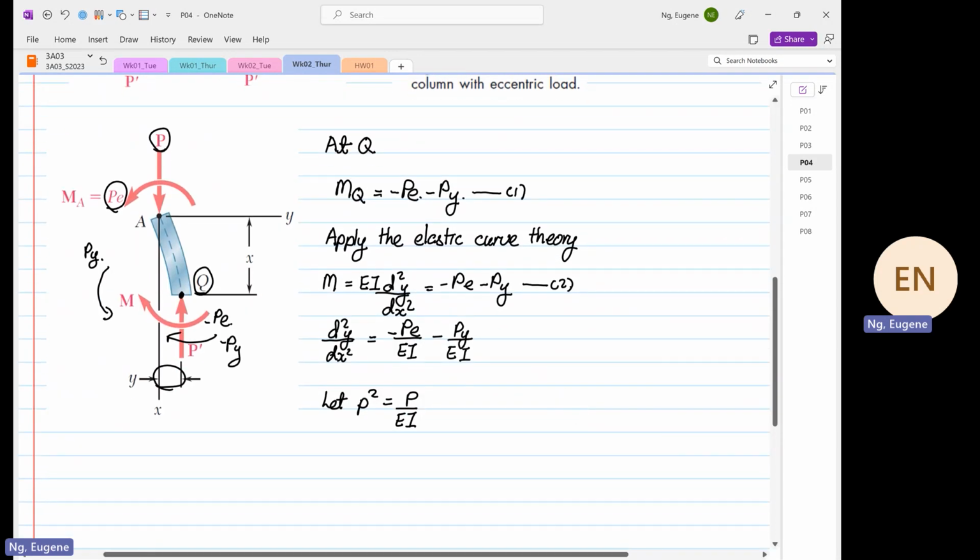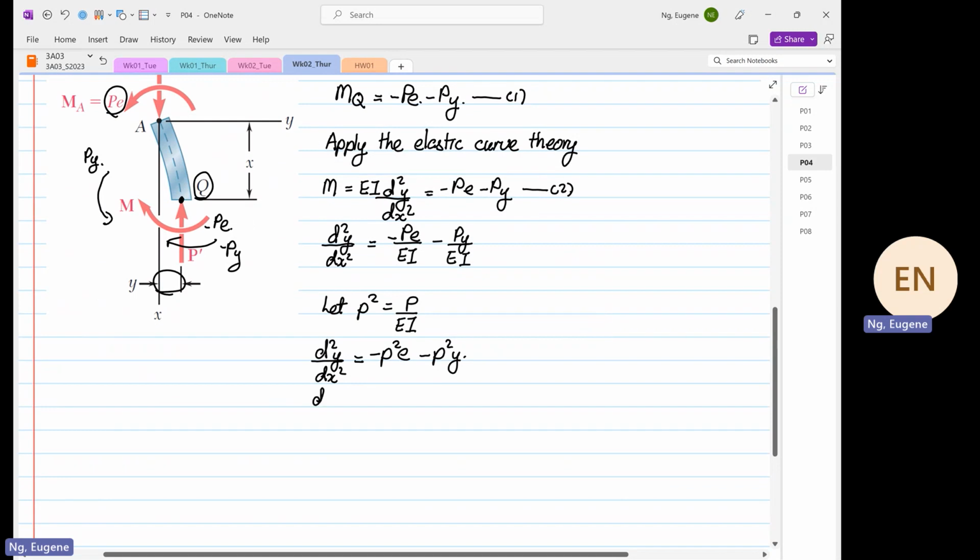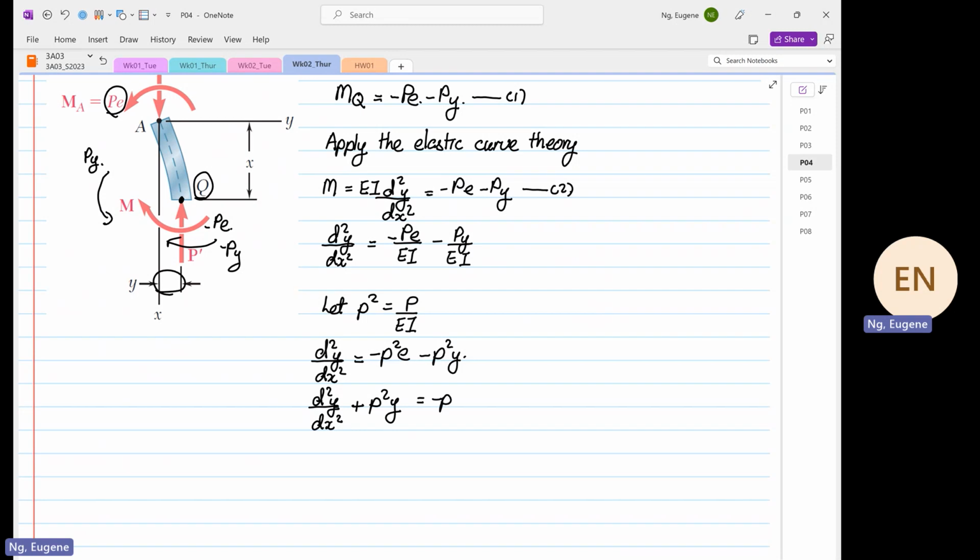So d squared Y over dx squared is equal to minus p squared E minus p squared Y. Then I'll bring the term across, so d squared Y over dx squared plus p squared Y is equal to minus p squared E. I will address this as my equation number 3.